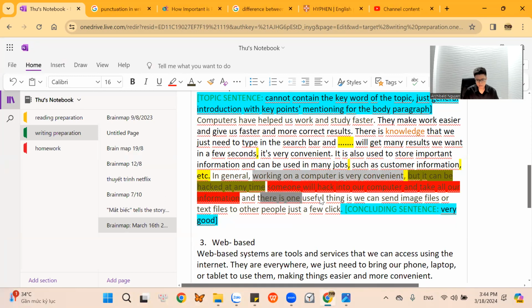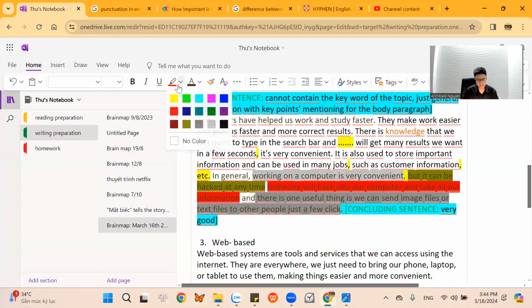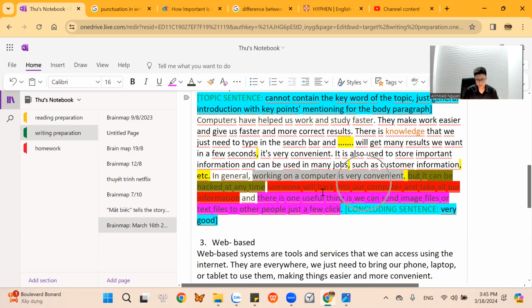And there is one useful thing that we can send with a few clicks. This is the last one. So in this sentence, I can find 1, 2, 3, 4. I can find 4 small sentences in this big sentence.